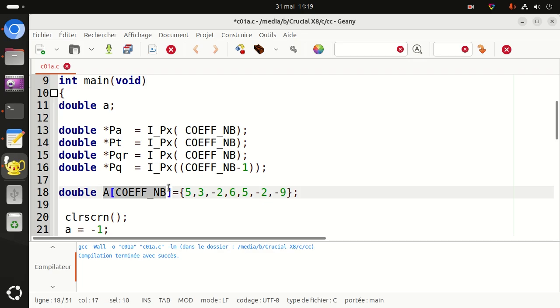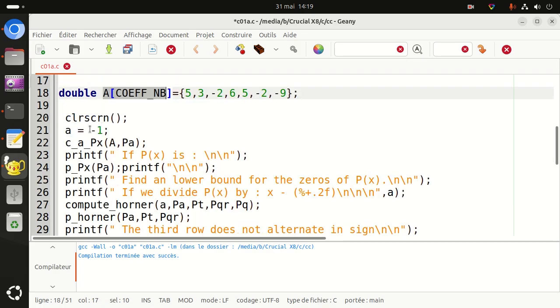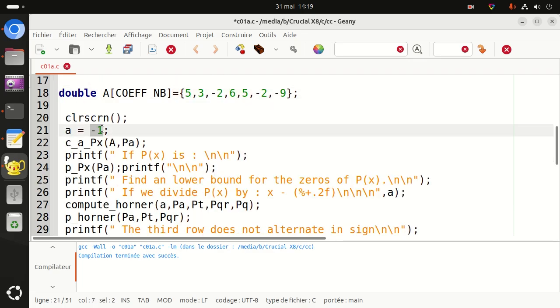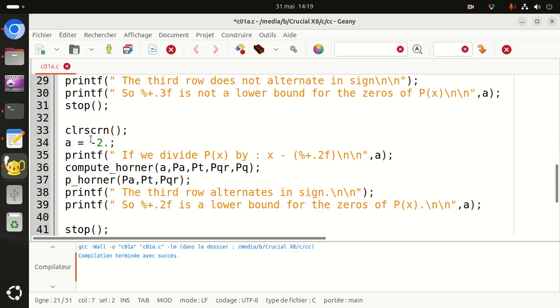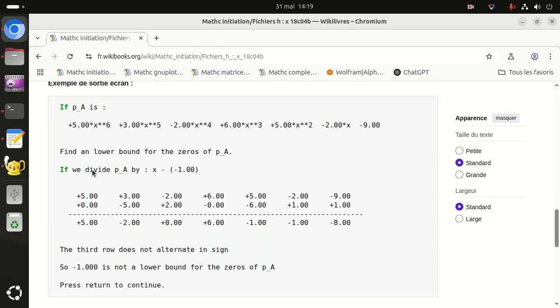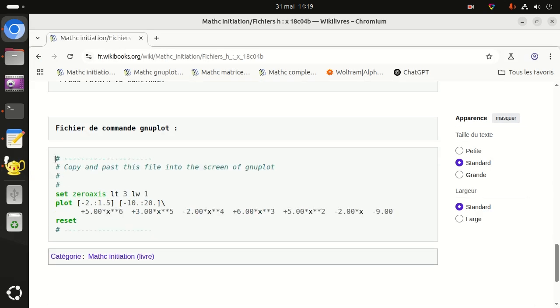It is an array. For the first value of a, I chose here the value minus 1. For the second part, I have chosen minus 2. I want first to draw the polynomial into Gnuplot.